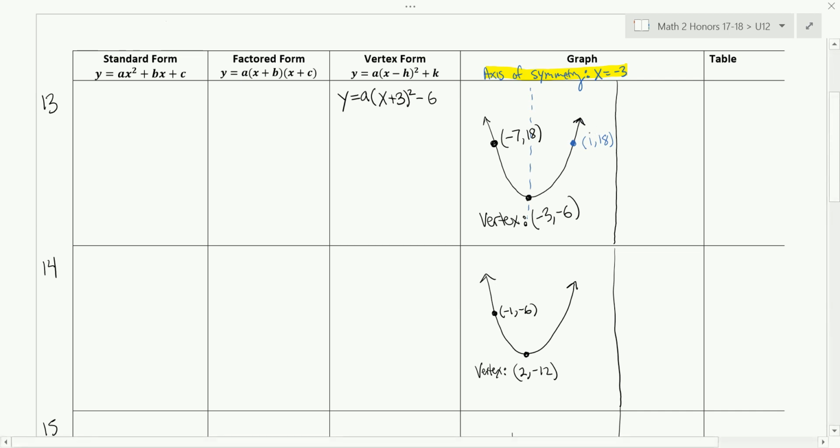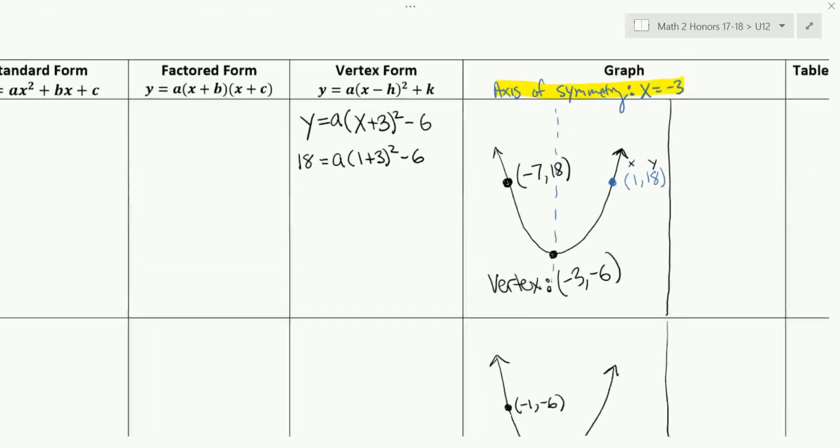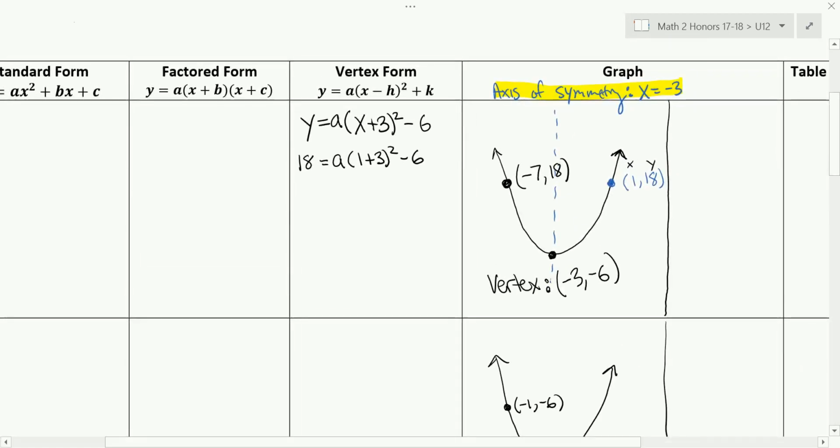So I'm going to plug in 1 for x and 18 for y. So I'm going to pause here, see if you could solve for a. I want to make sure you guys have the right mechanics to solve for a in this equation here.